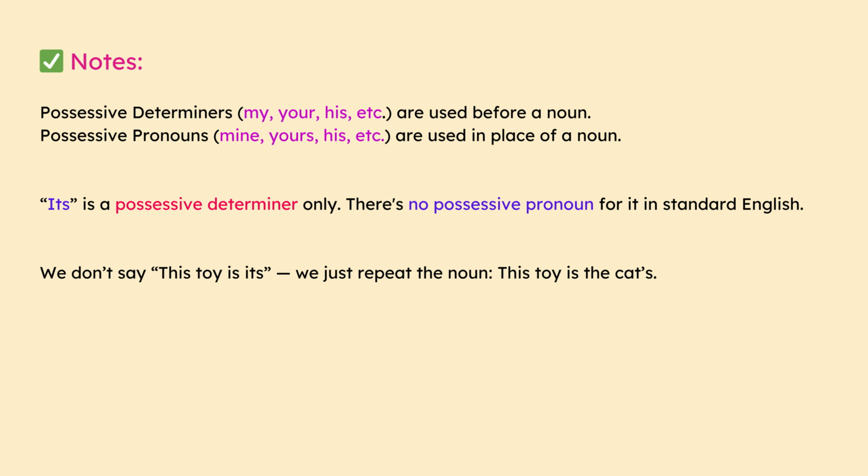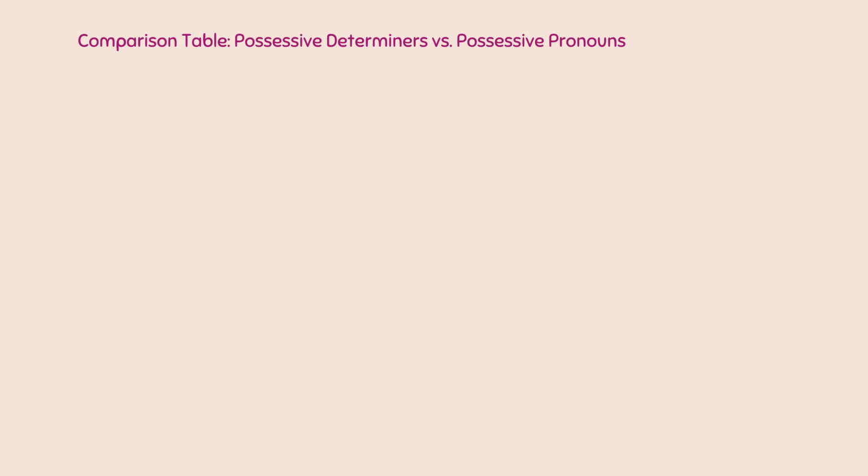For example, that pen is mine. A special case is the word its. It is only used as a possessive determiner, not a pronoun. So we say, this is its toy, but we don't say, this toy is its. Instead, we repeat the noun. This toy is the cat's.